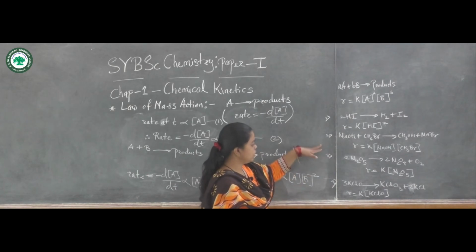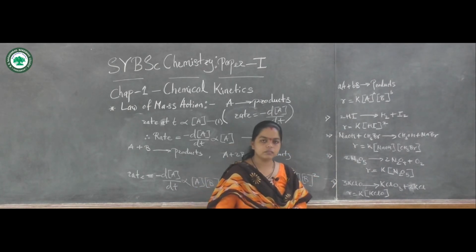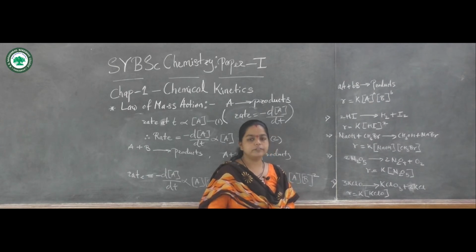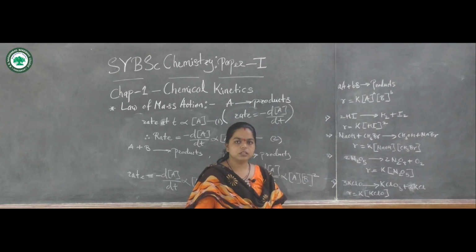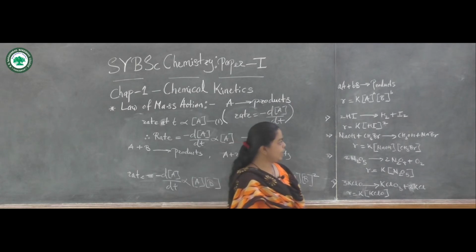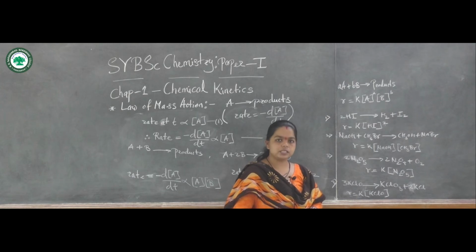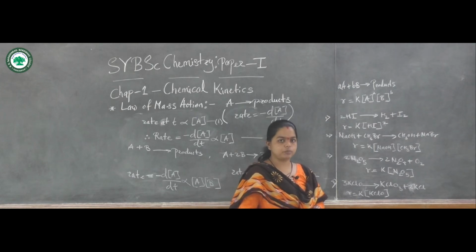If we consider the third and fourth reactions, they will not follow the law of mass action, because in the law of mass action the rate equation is obtained as rate equals k into the concentration of the reactant, with the exponent being its stoichiometric coefficient.